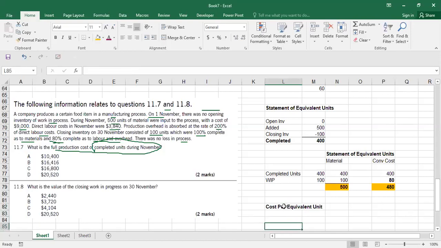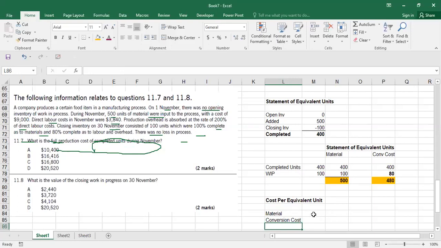In step number 2, you have to find out cost. So what was the material cost which you put in and what is your conversion cost? They gave us in the question that material was 9,000 and conversion cost was how much?